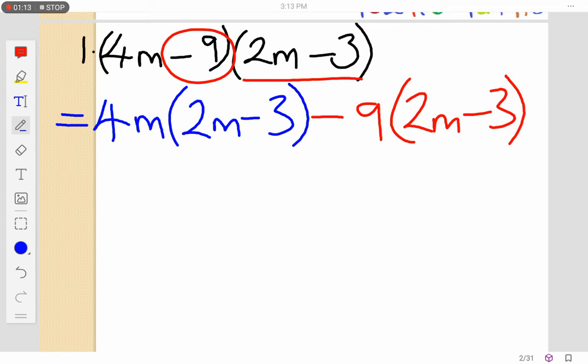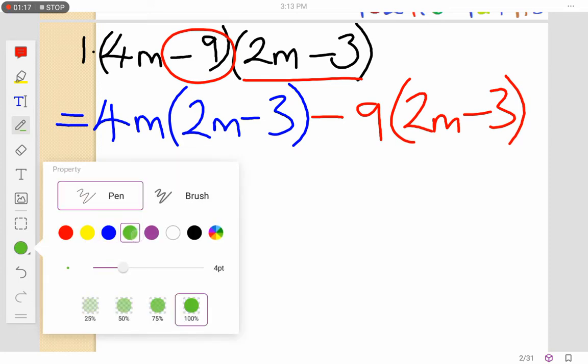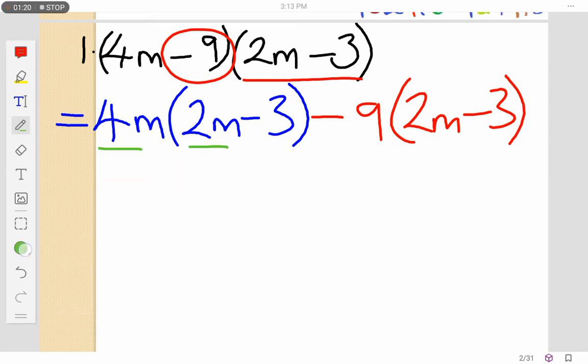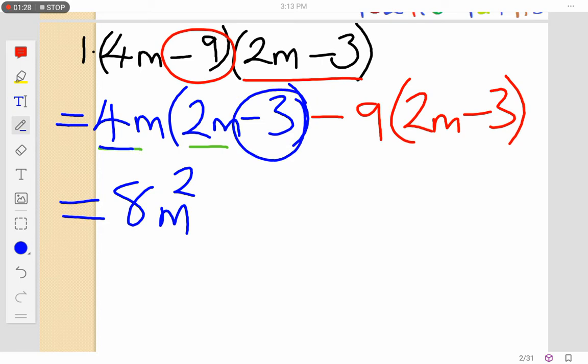So I'll have 4m times 2m, we will get 8m squared. Okay, now 4m times minus 3 there, I'll get minus 12m. Okay, I'm done with the first part.